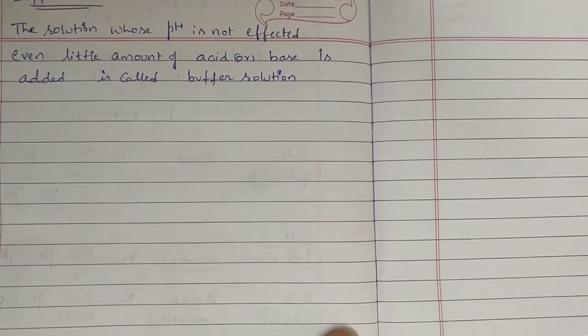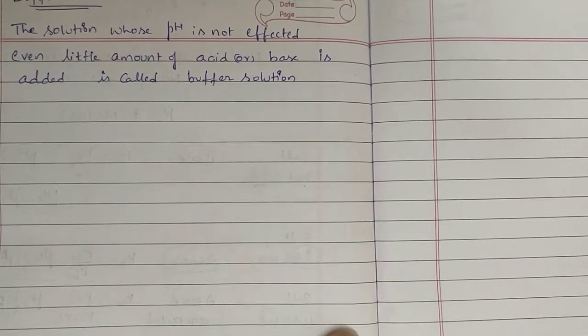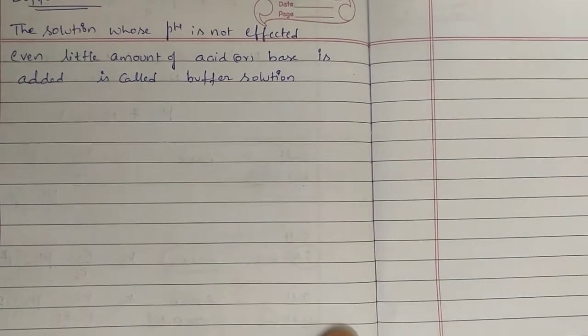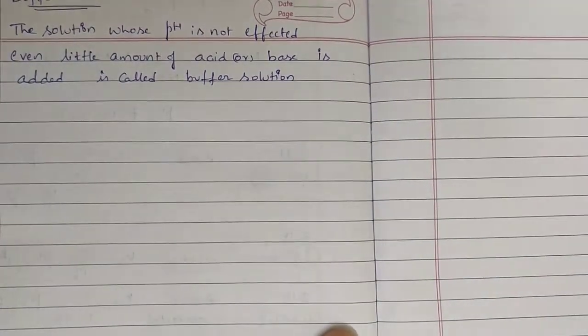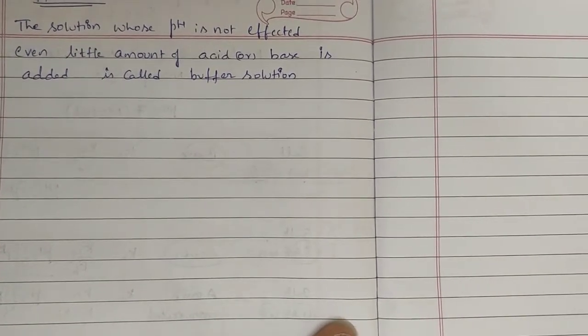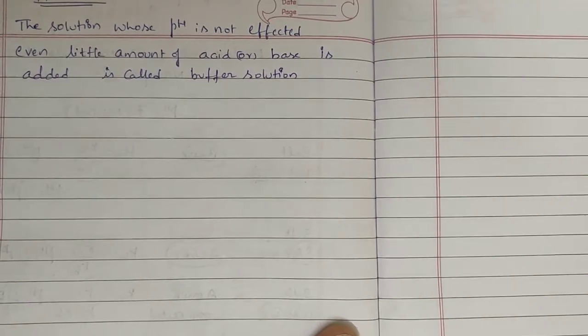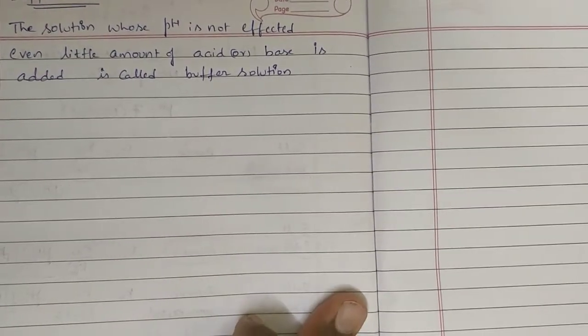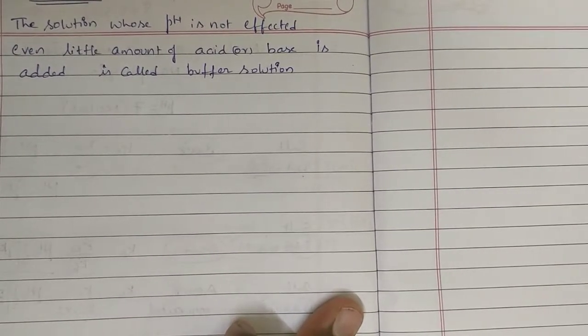Generally, if you take one solution, anything, if you take water, and you add H plus ions from outside, definitely its pH is going to be affected. Is it correct or not? Like that, if you add OH minus ions from outside, its pH is going to be affected.